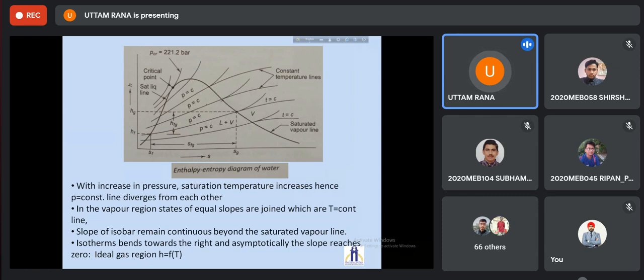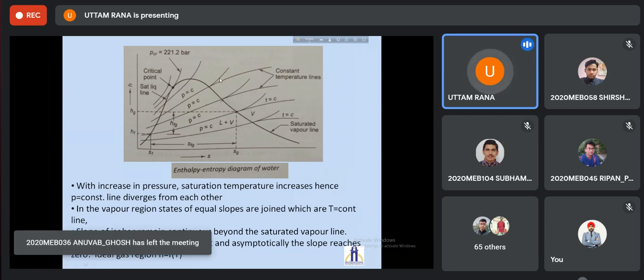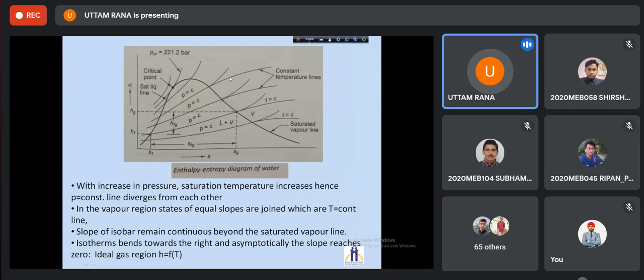They are dependent, so they will be parallel. After that, you can see the constant temperature lines diverging from the constant pressure lines, because after that pressure and temperature are no longer dependent. Moreover, if you increase the temperature, the constant temperature lines become more and more horizontal. Horizontal means that with an increase in temperature, H will remain constant.